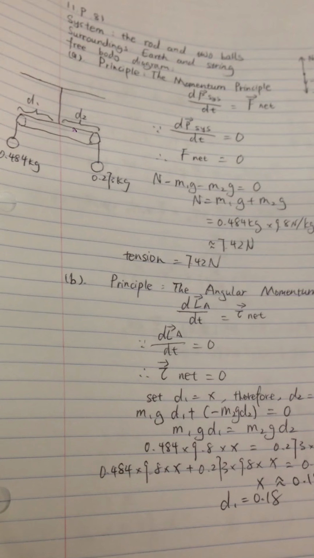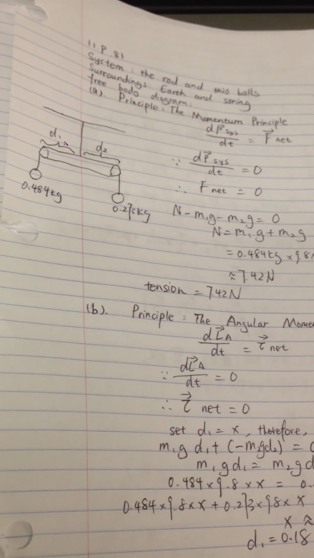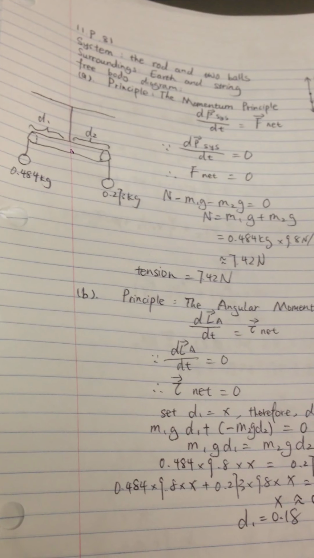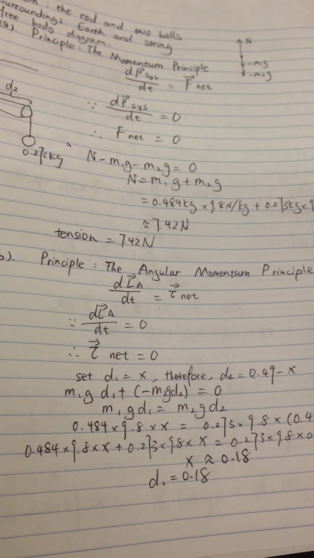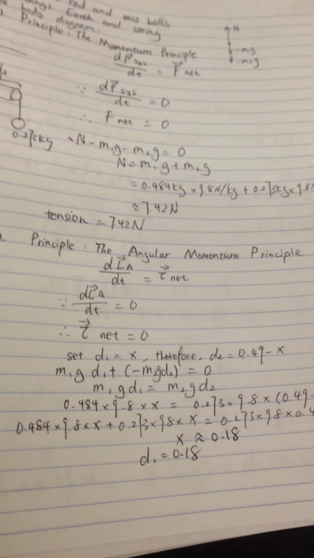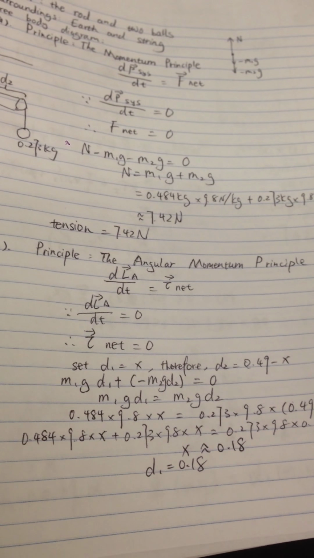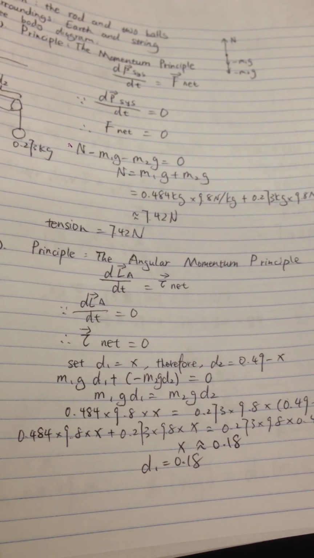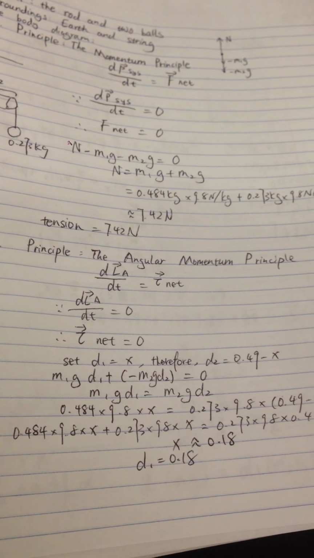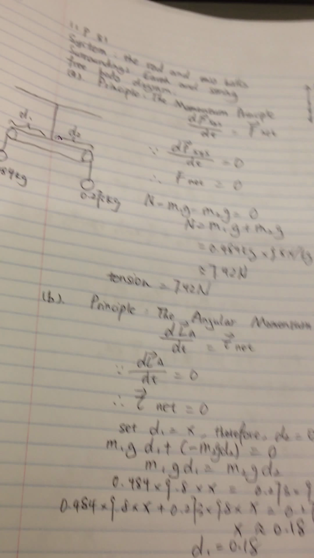One thing to notice is that according to the right-hand rule, m1g d1 is a positive number, while m2g d2 is a negative number. So we put a negative sign in front of the m2g d2, and we get the following equation: m1g d1 must equal m2g d2 for the whole system to maintain equilibrium. So we solve for d1 equals 0.18 meters. That's it. Thank you.